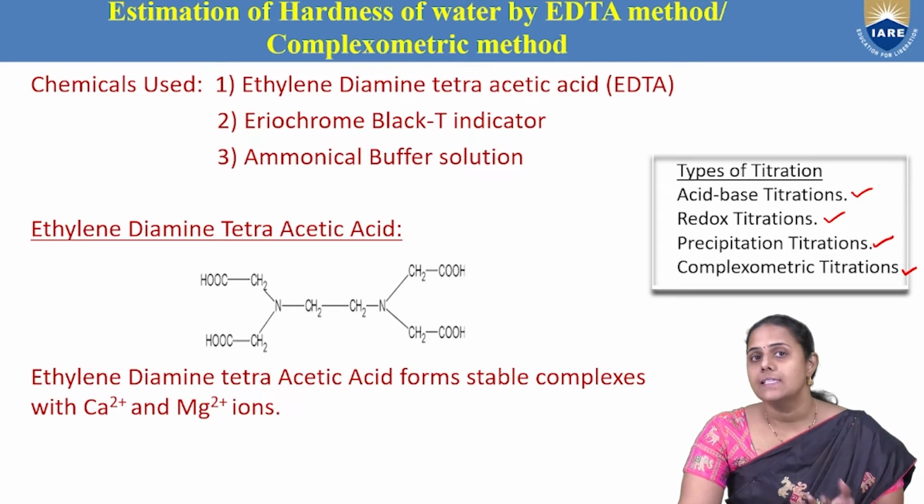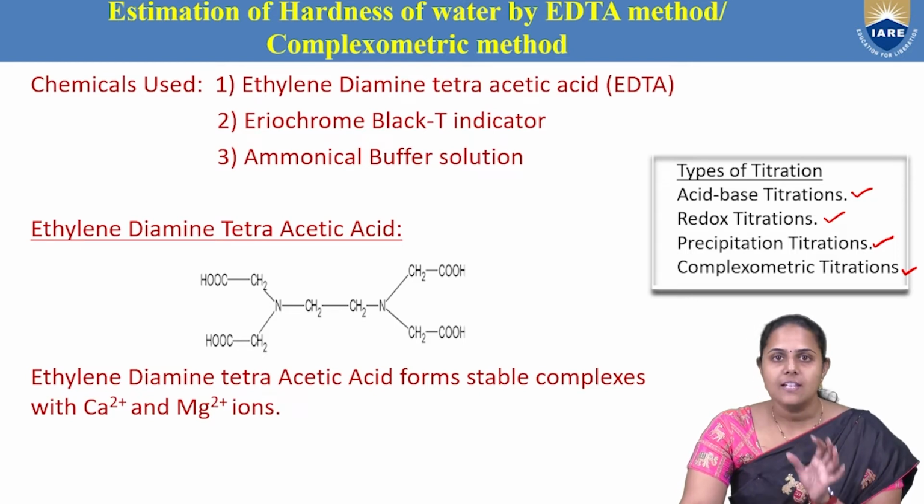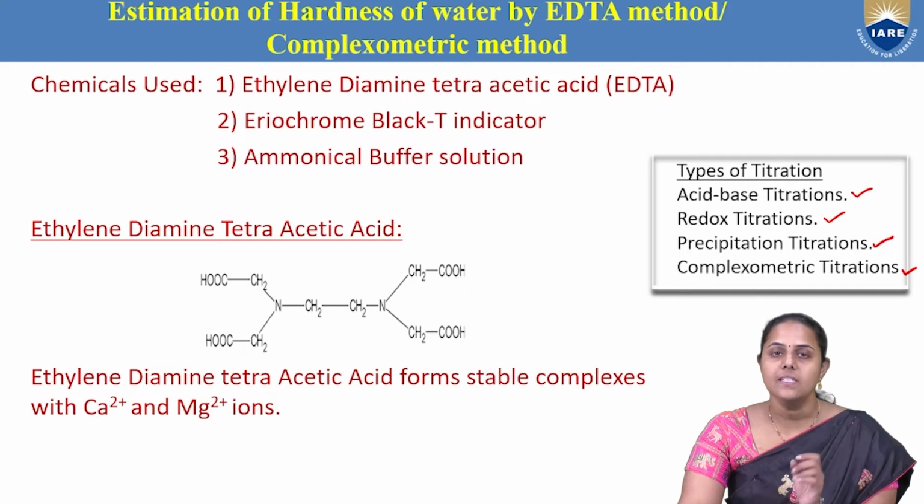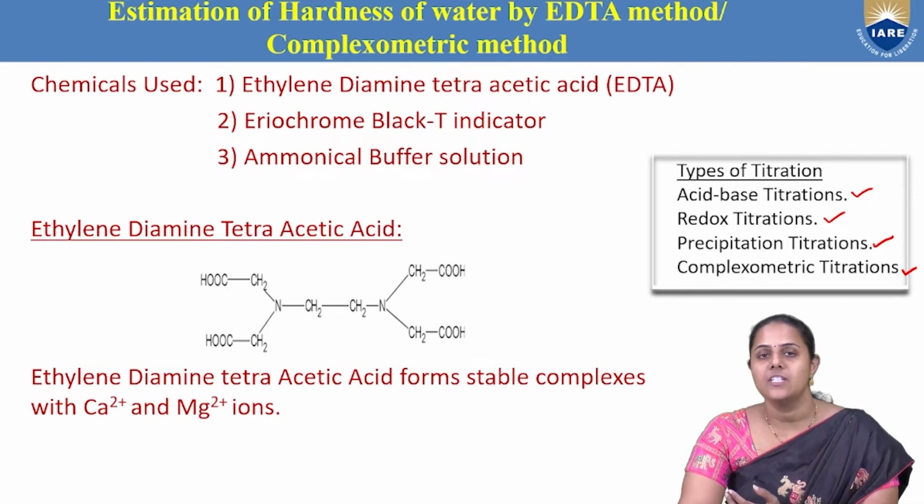In acid-base titrations, as the name indicates, an acid and base reaction takes place. In redox titrations, reduction and oxidation reactions take place.